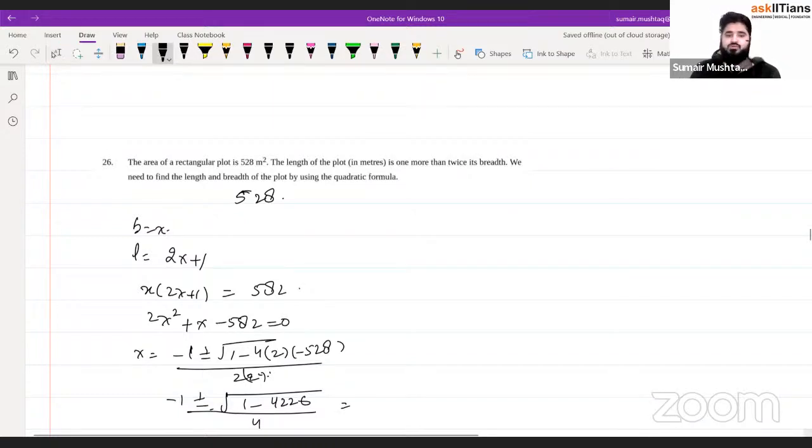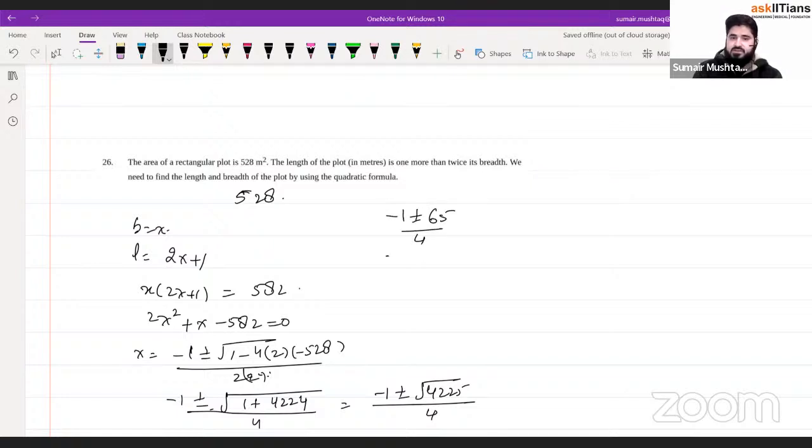This will be equal to negative 1 plus minus root of 4225, which is 65, because negative, negative gives positive. So what are the two roots? Negative 1 plus 65 divided by 4, and negative 1 minus 65 divided by 4.